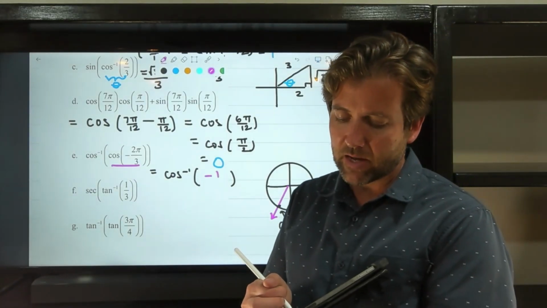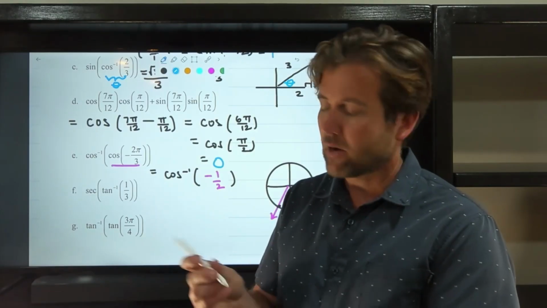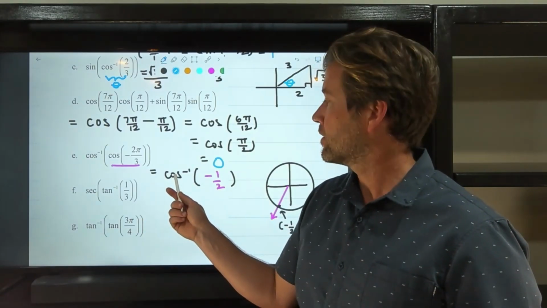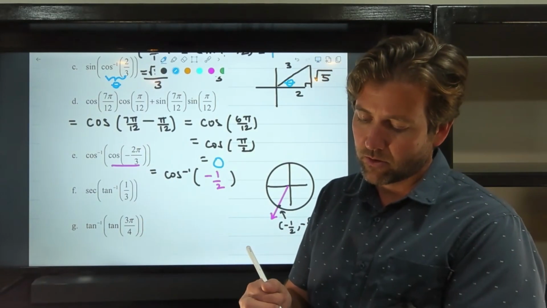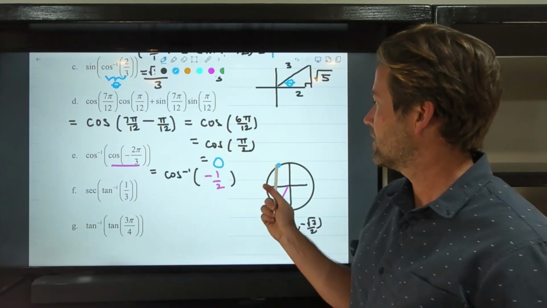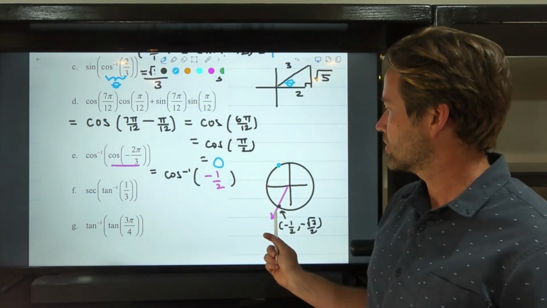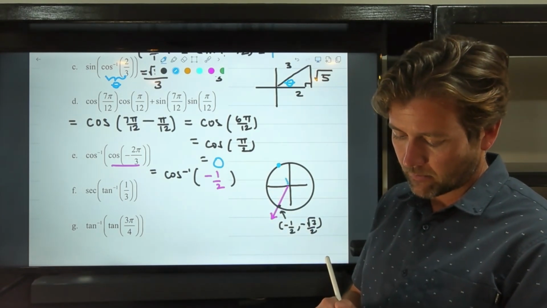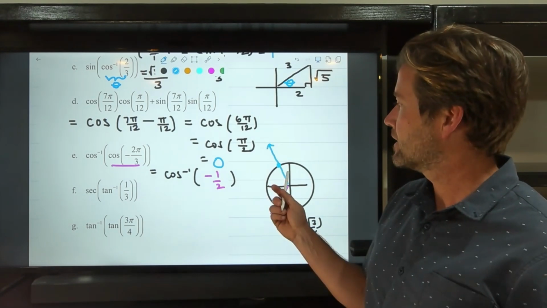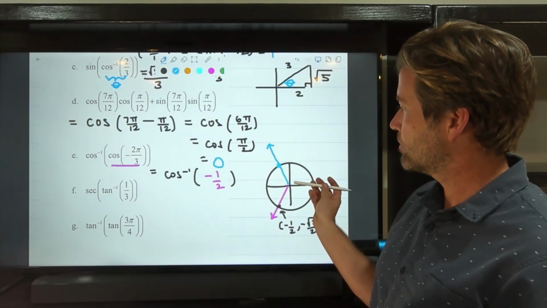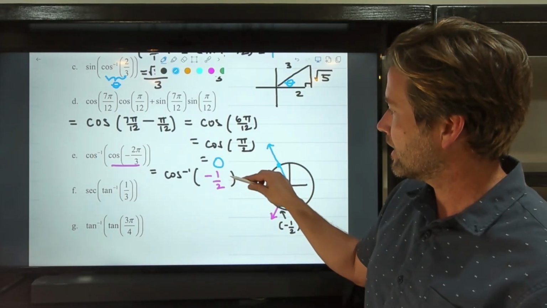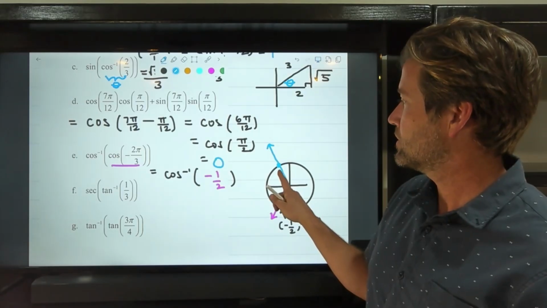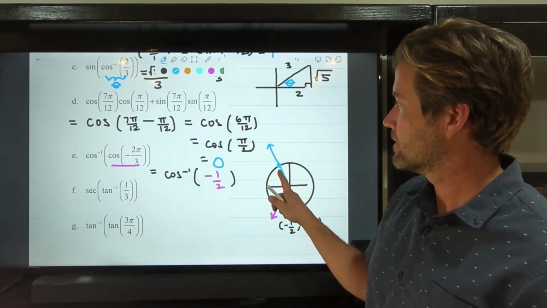So that's negative 1/2. Now I have this question: arc cosine of negative 1/2. Right here is the other location on the unit circle where there's a point with an x-coordinate negative 1/2. And this angle in blue, I need the answer to be between 0 and pi. So this angle here is our answer.